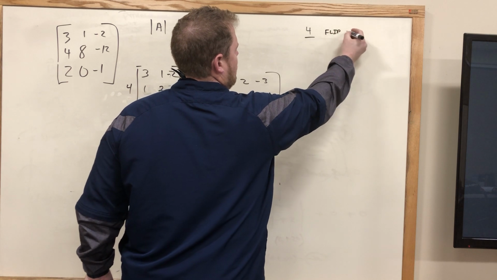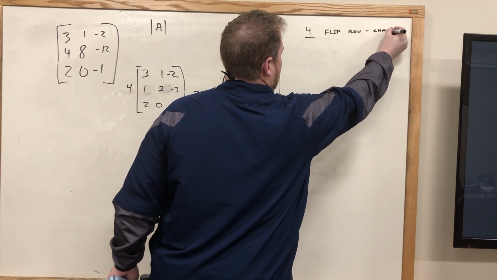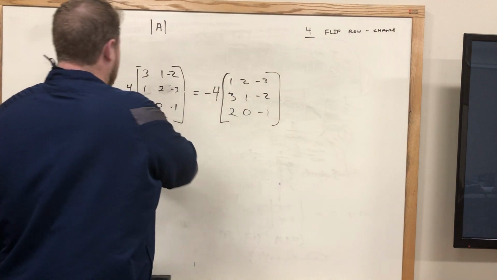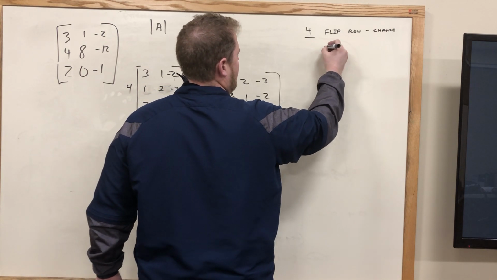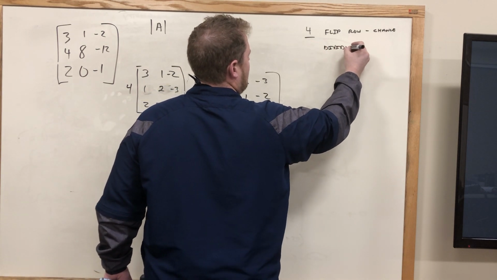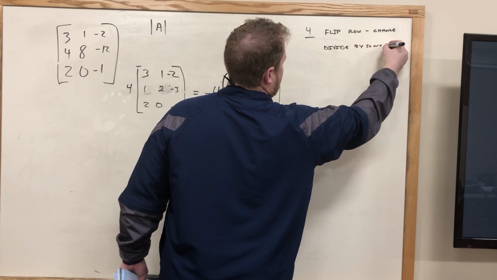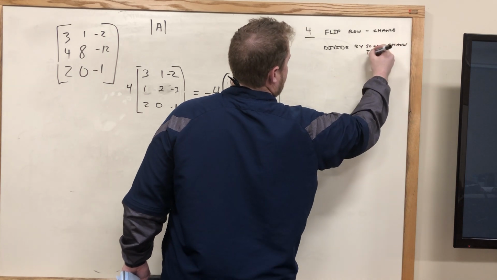When I flipped a row, it changed the sign. When I divided through by 4, when I divided by something, it changed the determinant by that same amount.